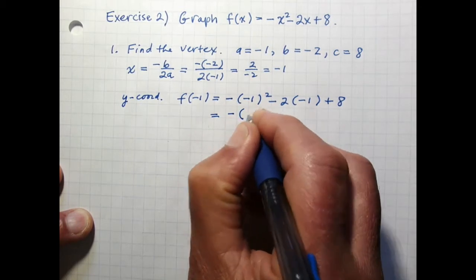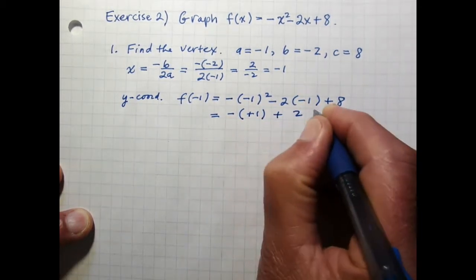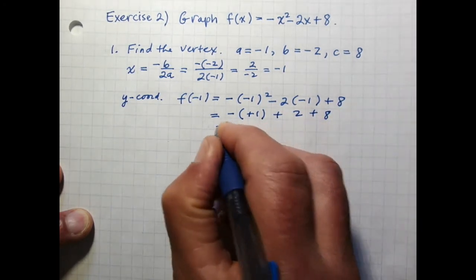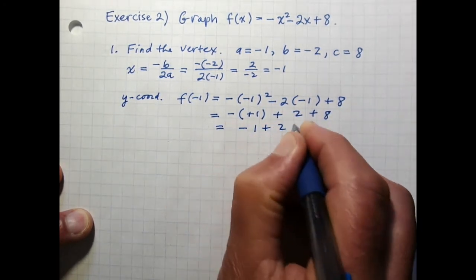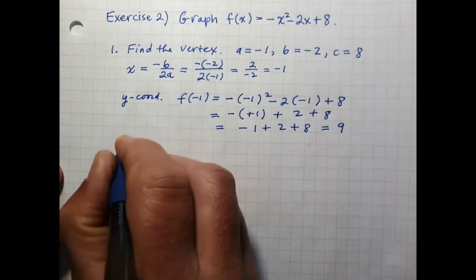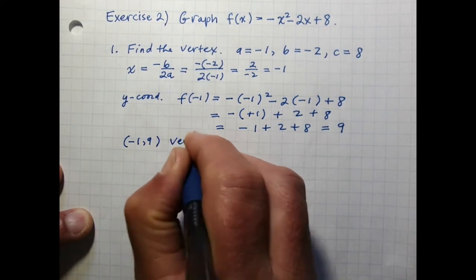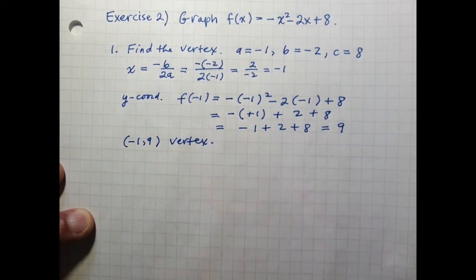So that's minus 1 plus 2 plus 8, or -1 plus 2 plus 8 is going to be 9. So -1, 9 is the vertex. That's the most important point on our parabola.